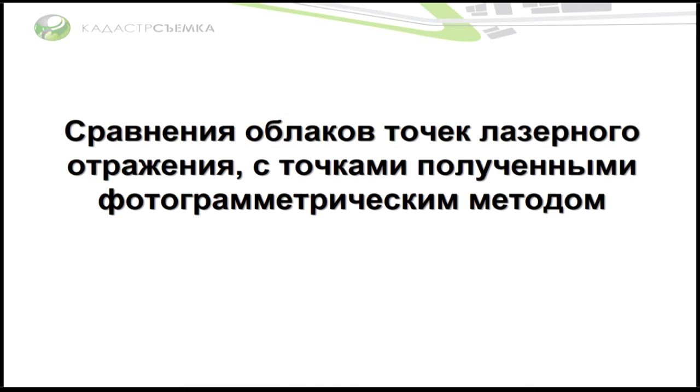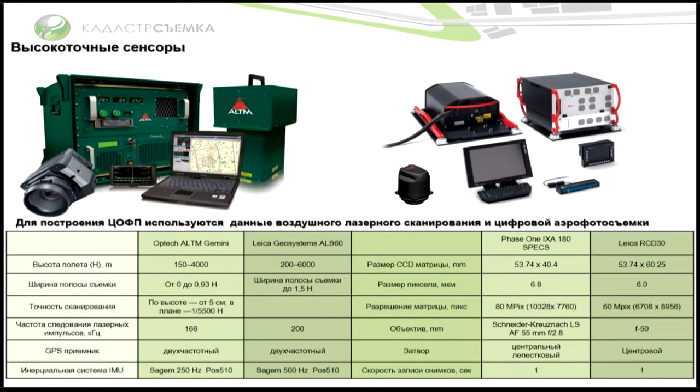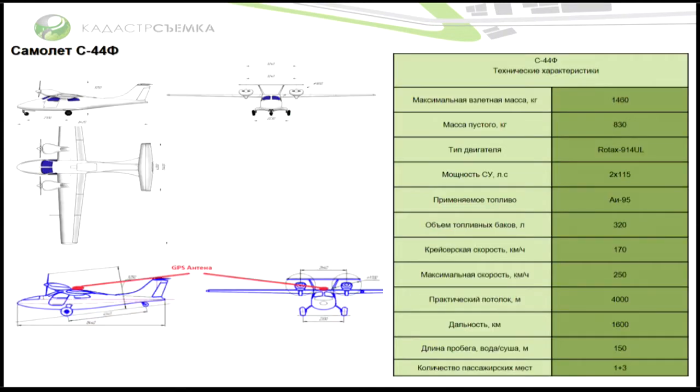So I would like to compare dots captured by a UAV with dots captured from a laser scanner. Since 2008, we had two high accuracy sensors, Leica from Canada and a Swiss center.